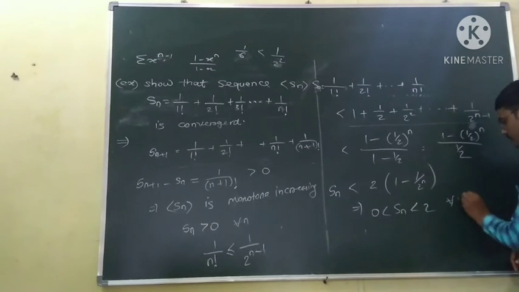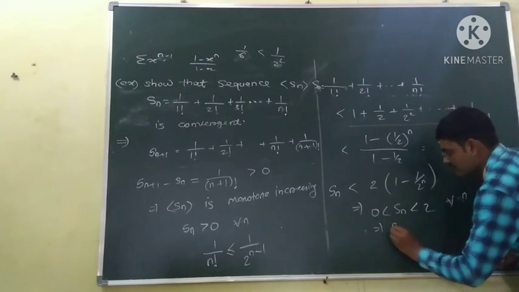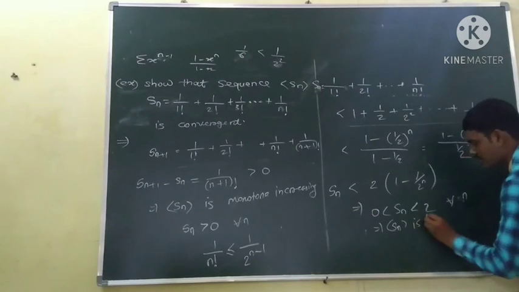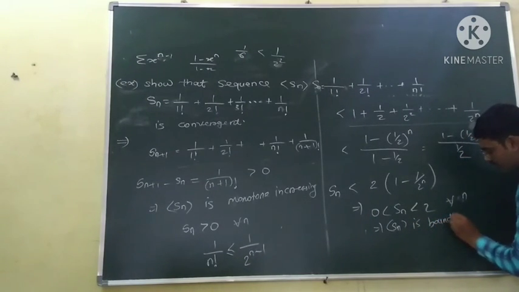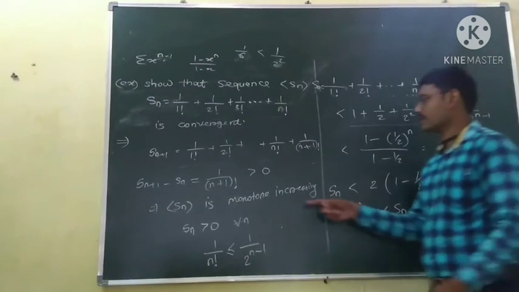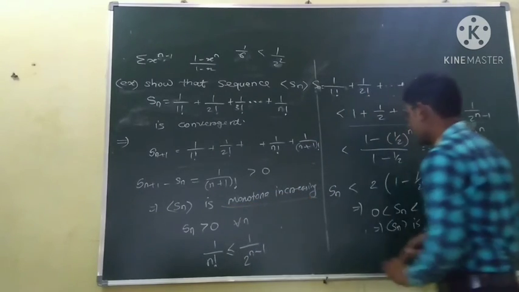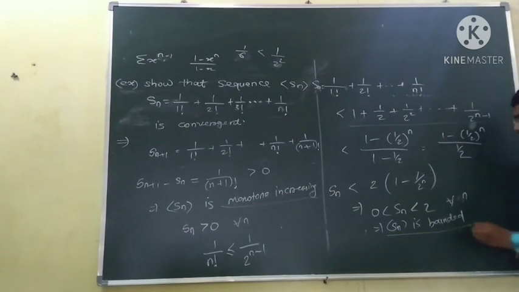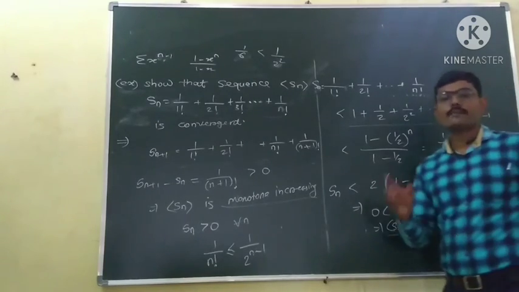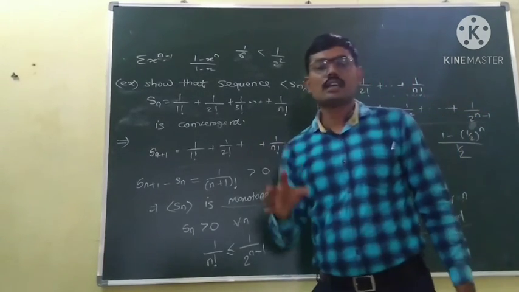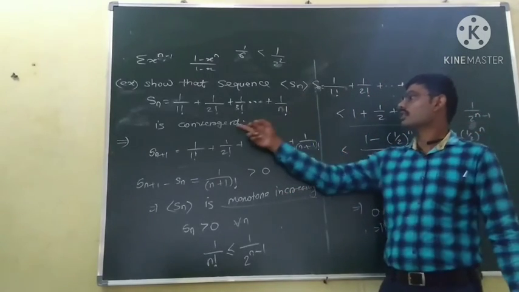That is, the sequence Sn is bounded. And here the sequence Sn is monotone increasing. Since it is also bounded, by the monotone convergence theorem the sequence is convergent.